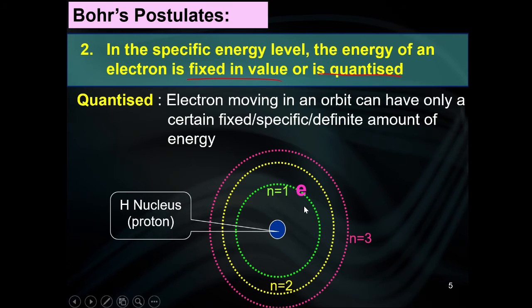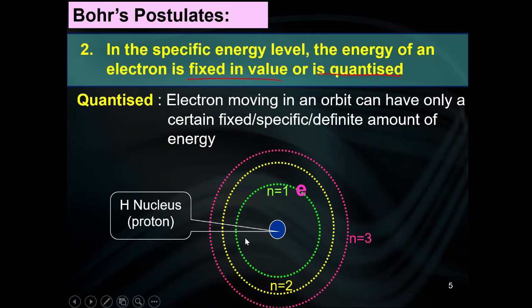As I said earlier, if this electron is at energy level n equal to 1, it will have quantized energy, and we can calculate its energy.